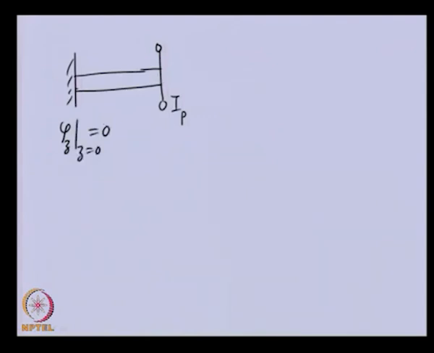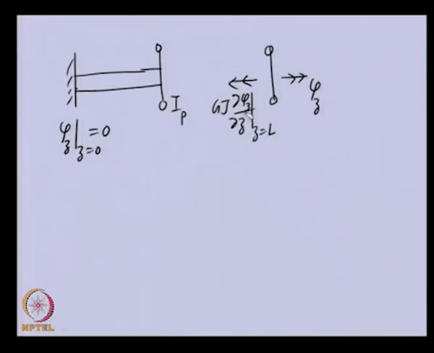Here, to obtain the boundary condition, let us take the free body diagram of the disk. If this is the positive direction for the angular displacement, there will be a reactive torque from the shaft acting onto this, at z equal to L.